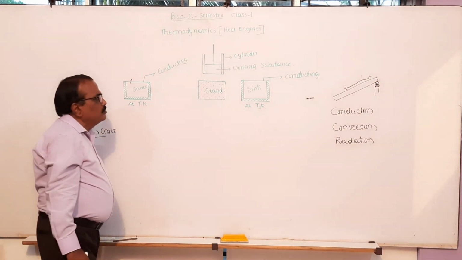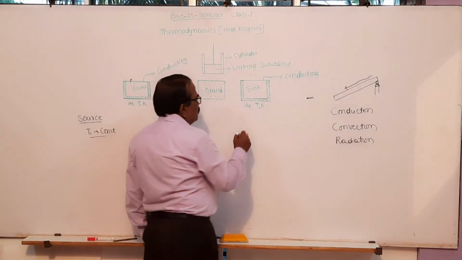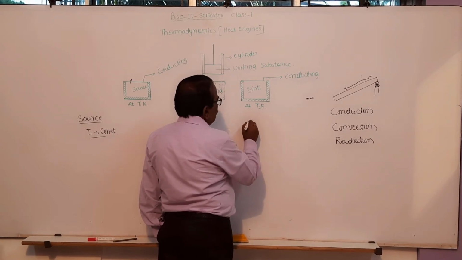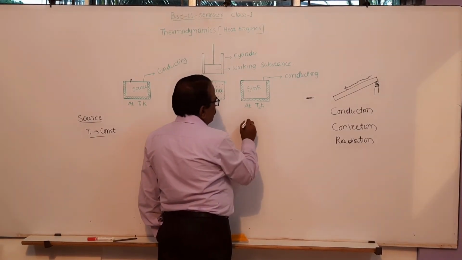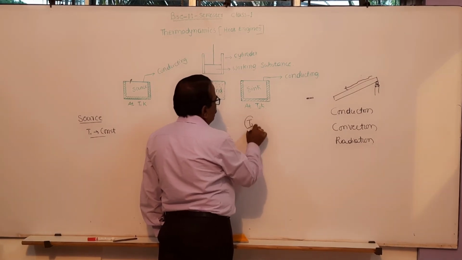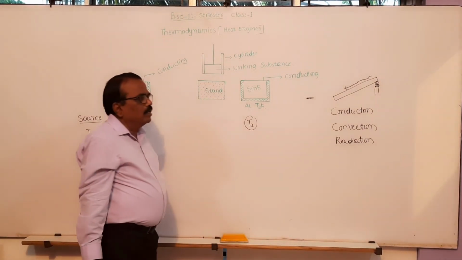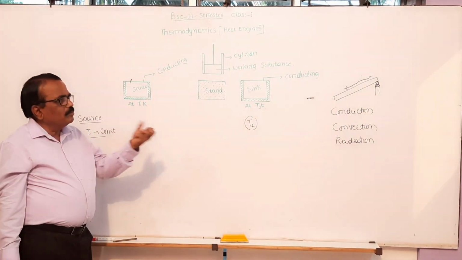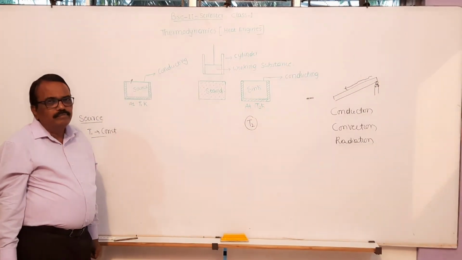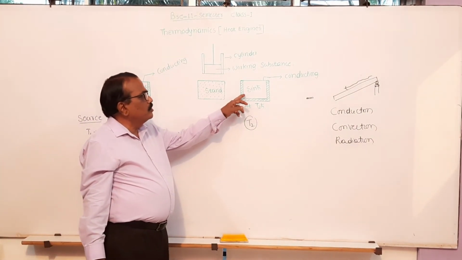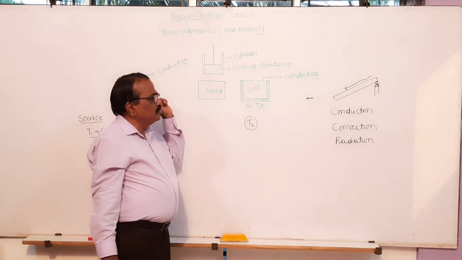Another one is the sink. The sink is also at a constant temperature T2. It also has a high thermal capacity. It can absorb any amount of heat and its temperature does not change. The construction is the same as the source.